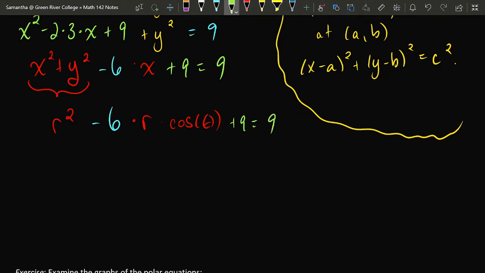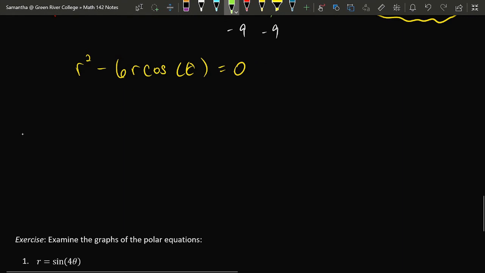Now let's do a little bit of cleaning. We have a plus 9 on the left and a plus 9 on the right. So if we subtract that 9 from both sides, we now have r squared minus 6r cos theta equals 0. Next, I can see that both of the terms on the left side contain an r.